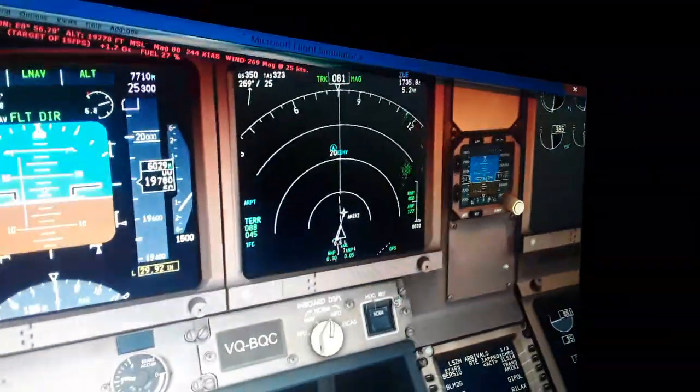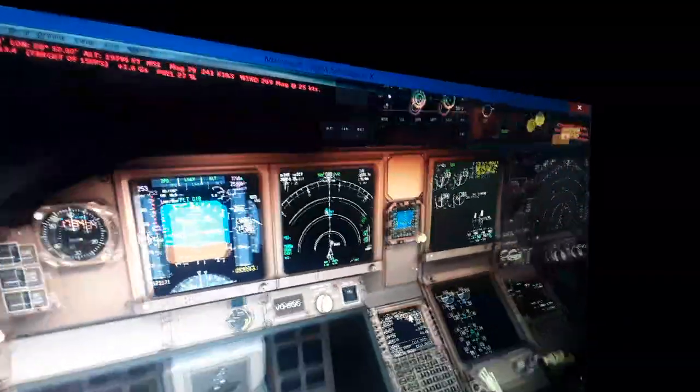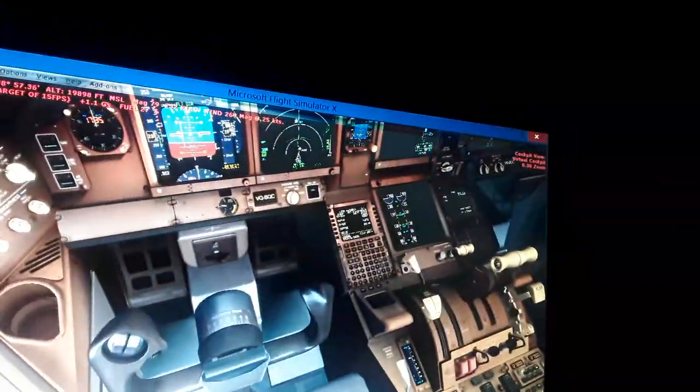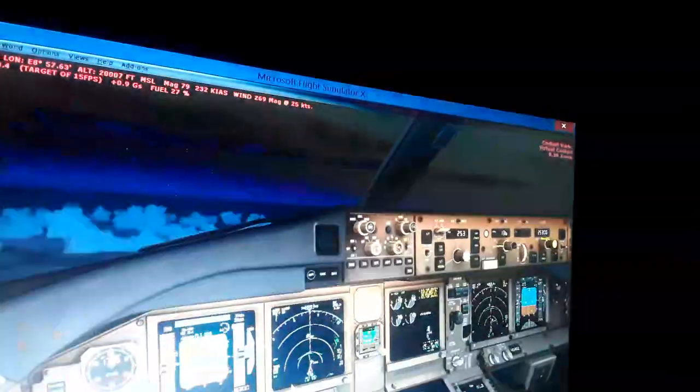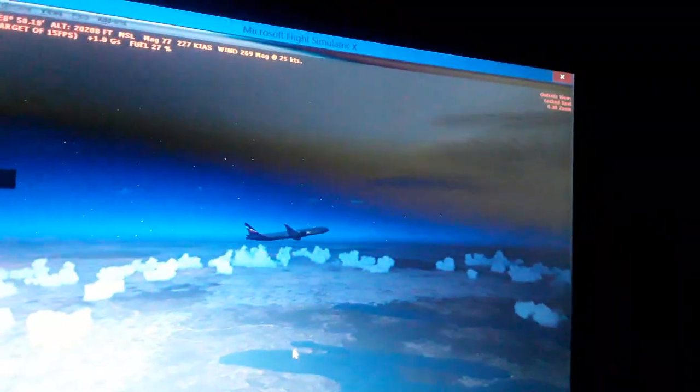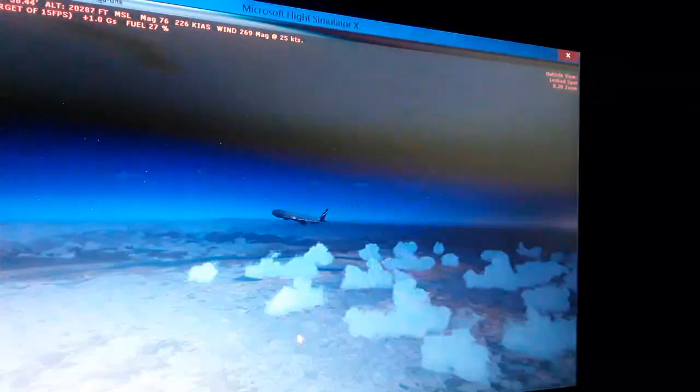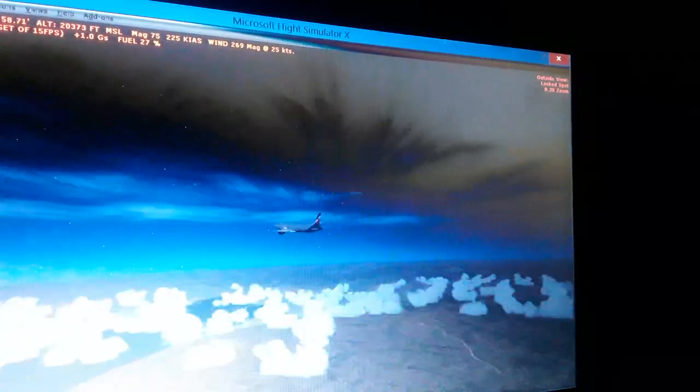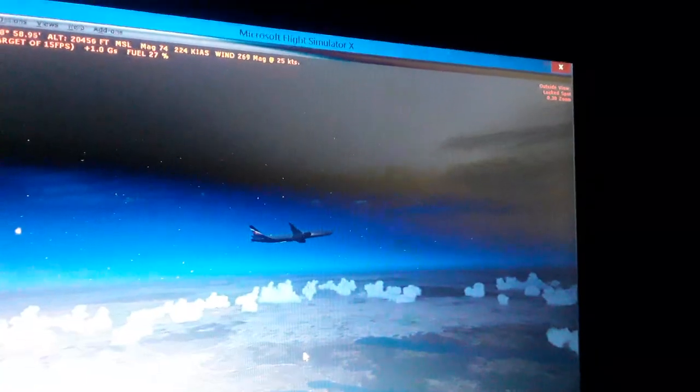So we need to keep climbing and then make the steer. So we are 20,000 feet above the sea level.